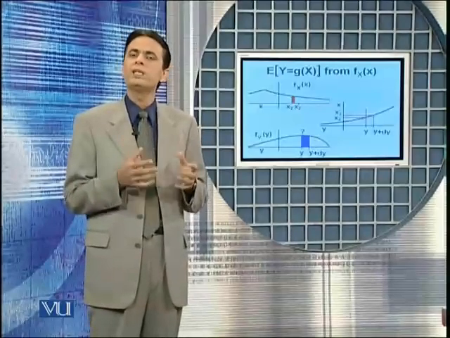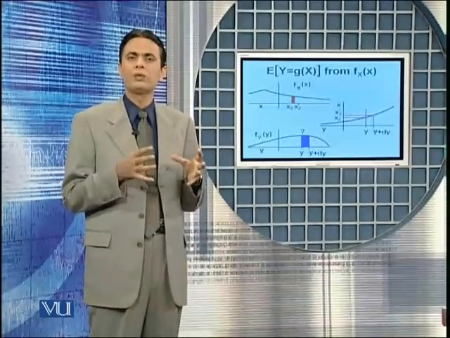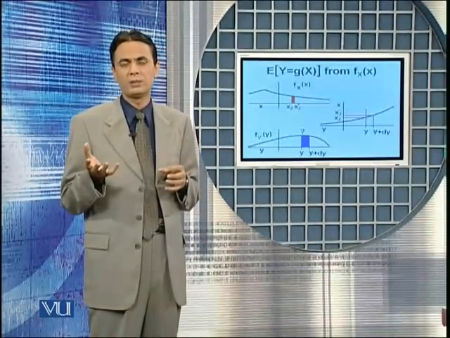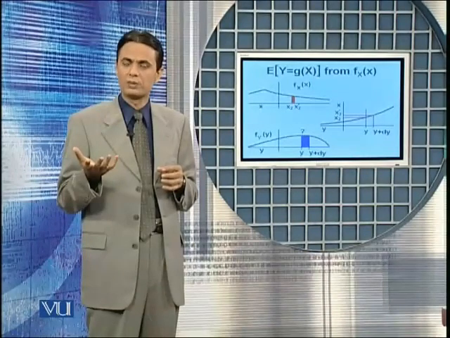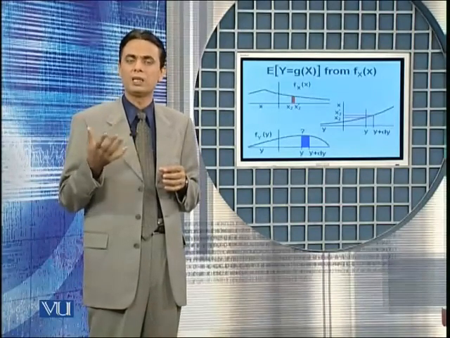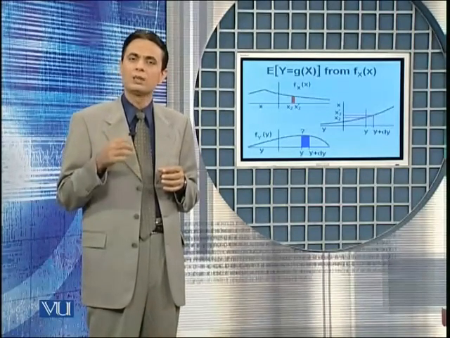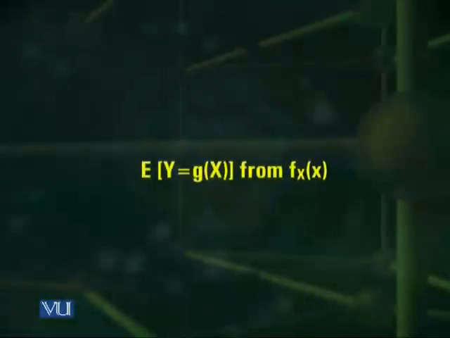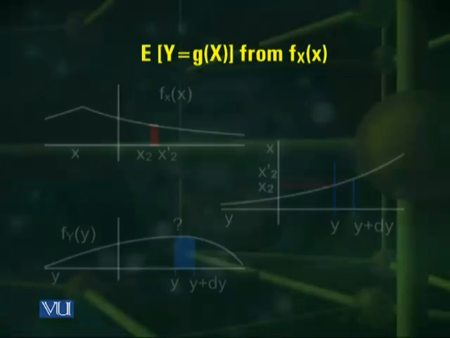Actually, we have worked with this case when we were analyzing the behavior of a transformed random variable, a scalar valued transformed random variable, in terms of its mean and variance from the behavior of the underlying random variable. Let's have a look at how these things are related to each other.